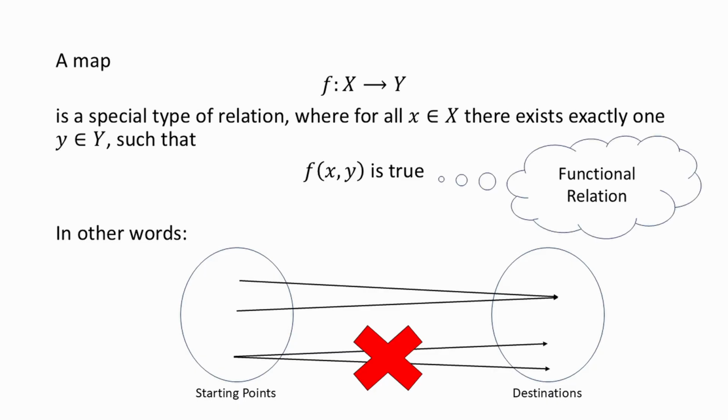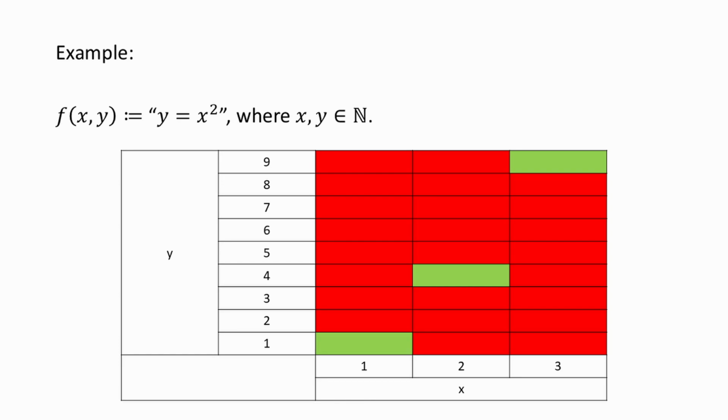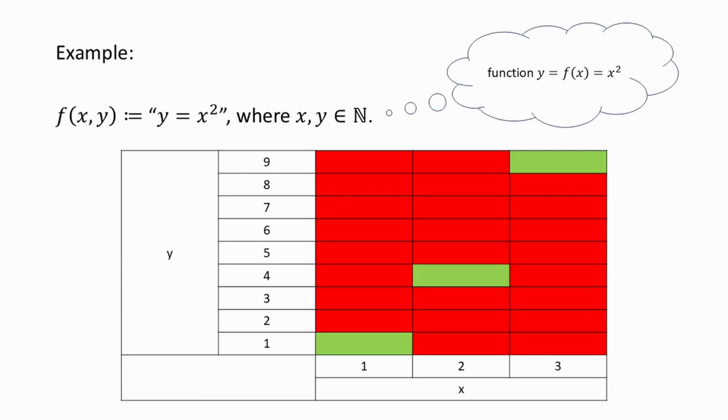We call this special type of relation a functional relation. A simple example is y equals 2x squared as the relation, where both x and y are elements of natural numbers. Then we can have a table marking down which combinations of x and y generate true. Normally, we have another notation, which is y equals f of x, and we simply call it a function.